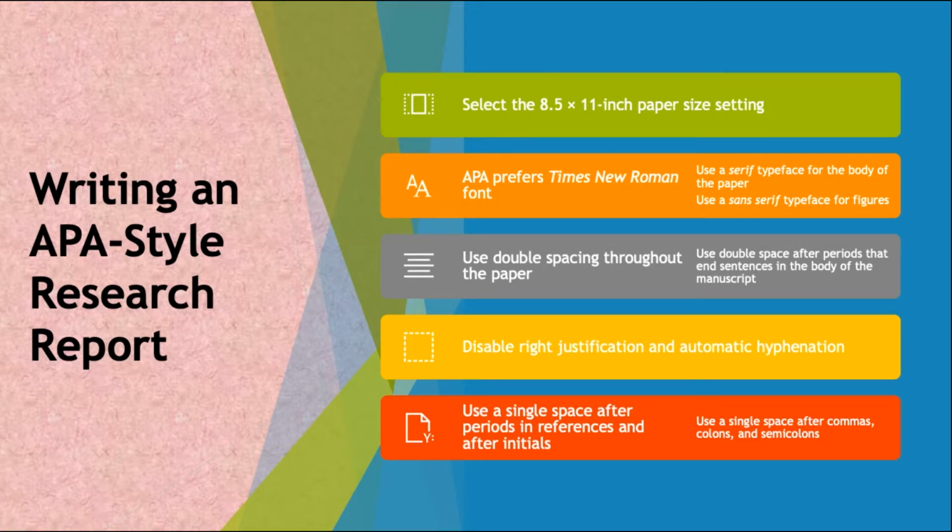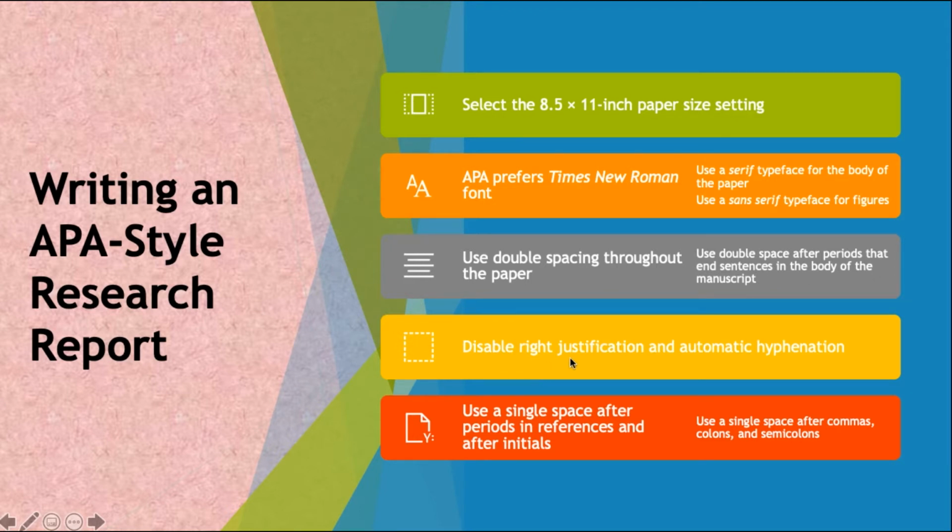The APA prefers Times New Roman font, a serif typeface, for the body of the paper. Use a sans serif typeface for the figures. Also use double spacing throughout the paper. Use a double space after periods that end sentences in the body of the manuscript.